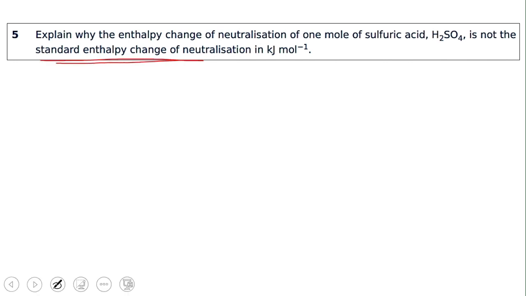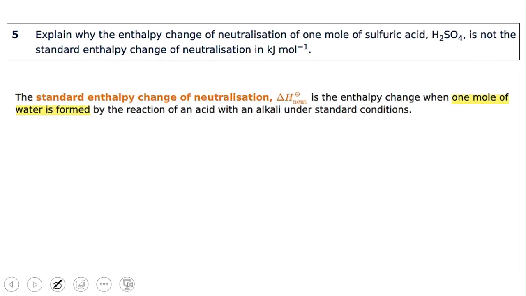So, to see if it is standard or not, we have to first see the definition of the neutralization. If we see the definition, enthalpy change of the neutralization in standard condition says that it is the enthalpy change when 1 mole of water is formed by the reaction of an acid with alkali.